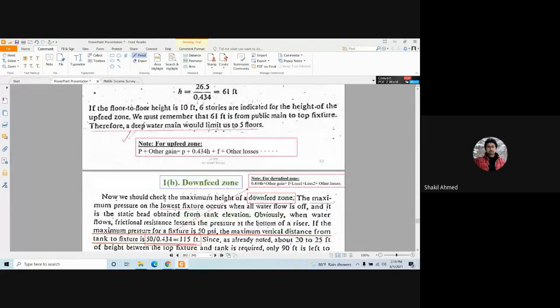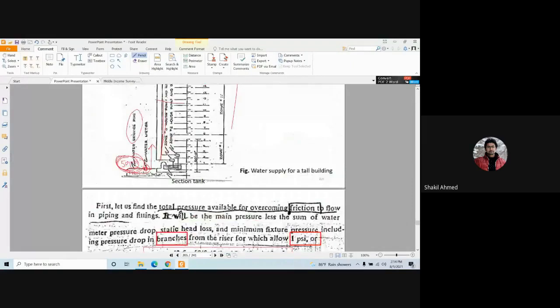For an upfeed zone, what is the source of energy? Always remember, the input energy must equal the output energy.